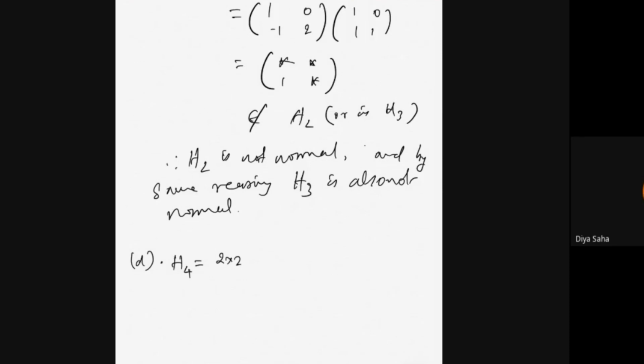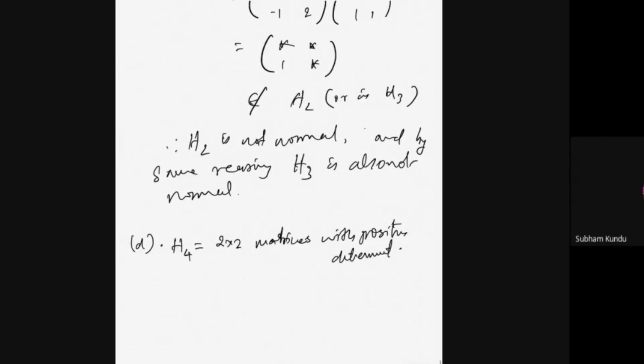Then you find the quotient group. 2 by 2. So a set which contains all the positive determinant matrices, that is H, and the other is all the matrices whose determinant is negative. These two are isomorphic to Z2.